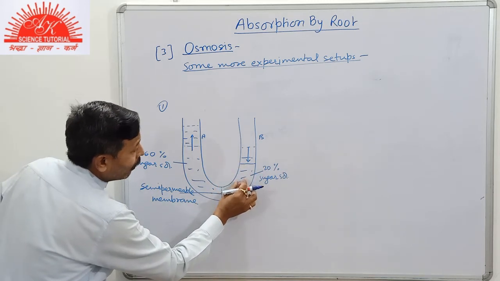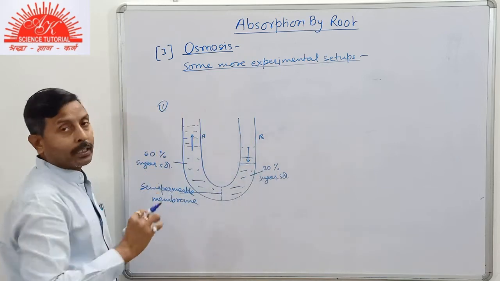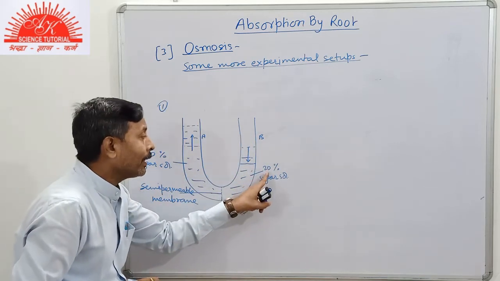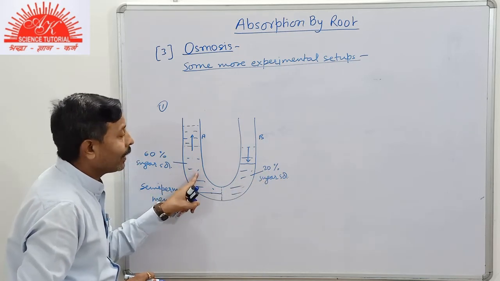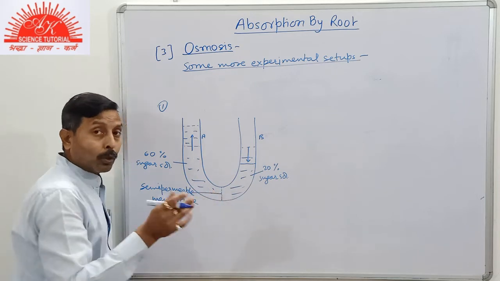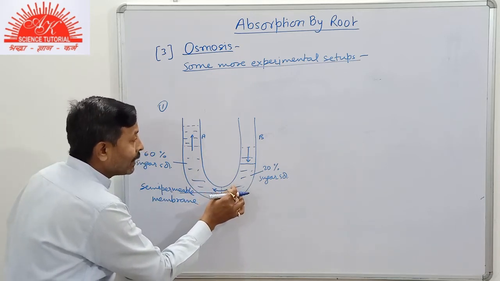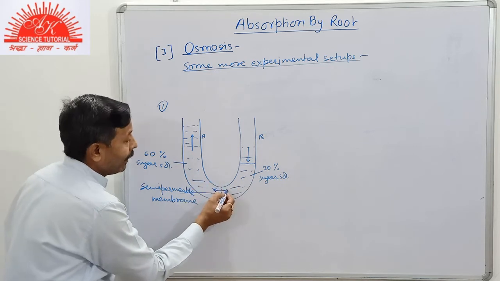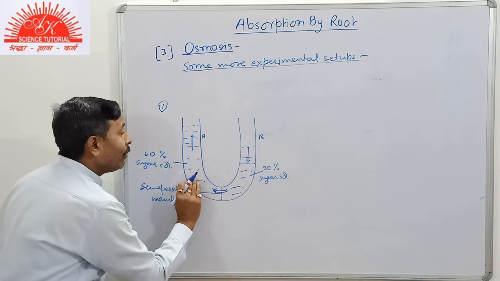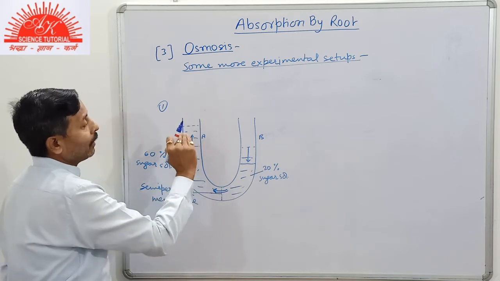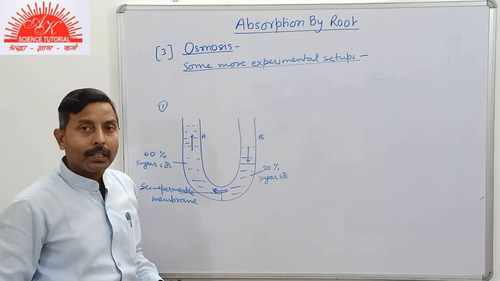The solution in limb B is less concentrated, that is, it has a higher concentration of water than the solution in limb A. So by the process of osmosis, water moves from side B to side A. As a result, we will see that the level of solution in limb A will increase and in limb B it will decrease. Clear, student?